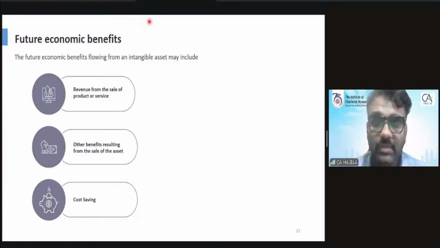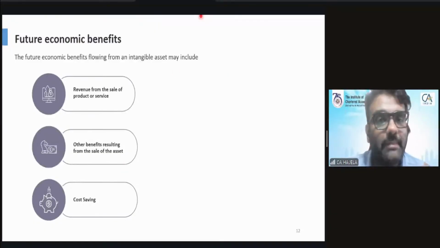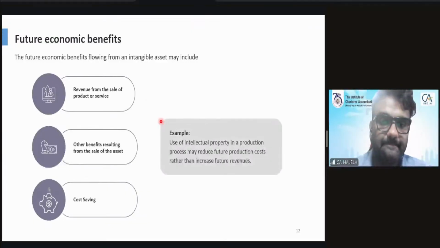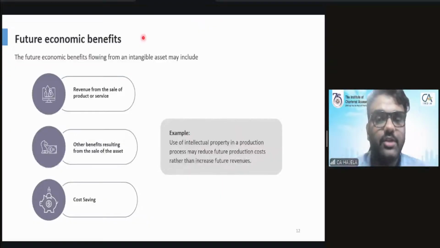Is it controlled by me? Of course, that is controlled by me. Can I sell that intangible asset to someone else, lease it, finance it? Of course, I can do that. Is it bringing some sort of economic benefit to me? Saving of cost is also an economic benefit. Thereby, this will be considered as an intangible asset as well. Again, the same example that I was telling, some sort of intellectual property which may reduce the production cost will be considered an intangible asset.